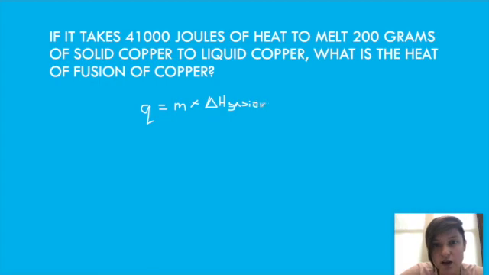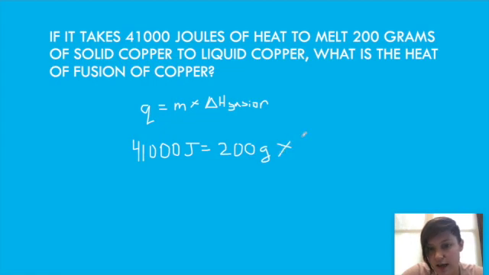We are given our Q, 41,000 joules of heat, and our mass of copper is 200 grams. We're looking for our delta H, and I'm going to put F for fusion there.